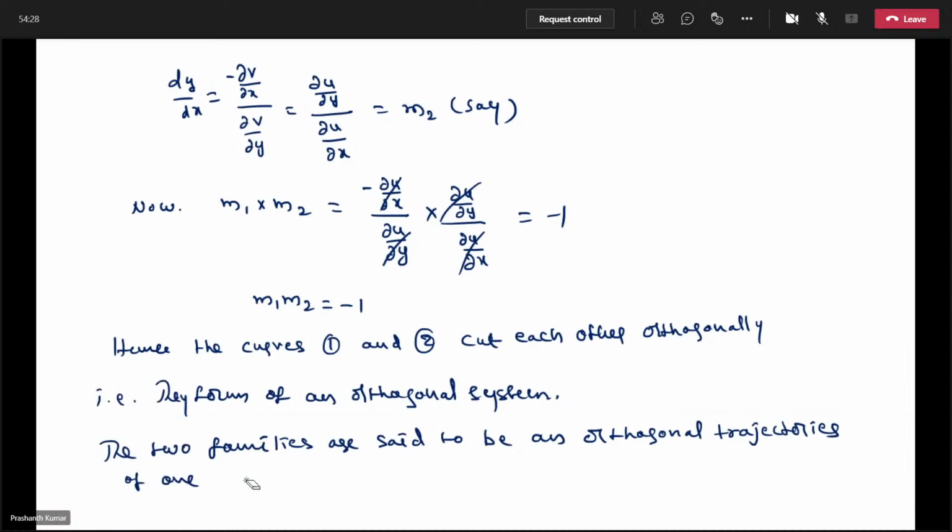One family is said to be an orthogonal trajectory of the other.